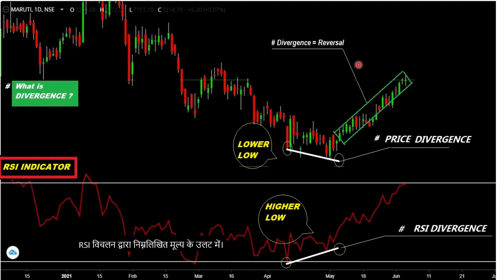Going in the opposite direction, in this downtrend, price makes a lower low, whereas the RSI made a higher low, which created a divergence and a reversal of price.